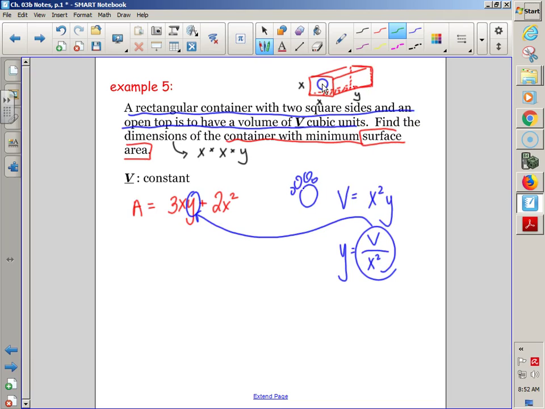Here's something you guys might not realize. When they say something like, is to have a volume of V, they didn't express the idea. This is a company that makes some sort of rectangular object, and depending on who's buying it, they might have volume needs.